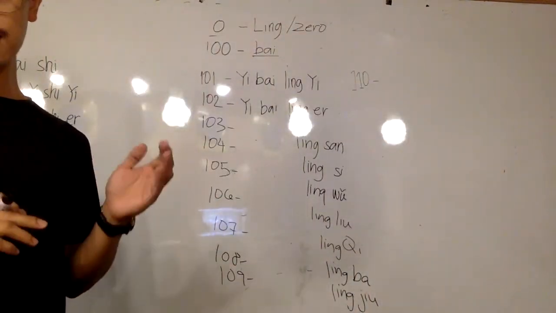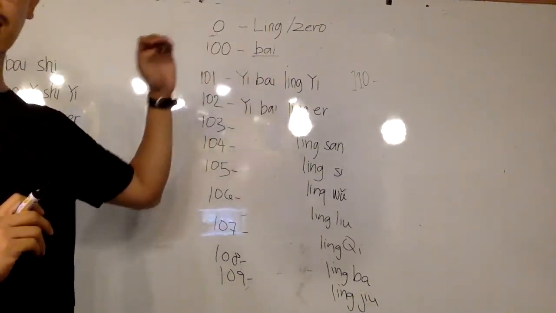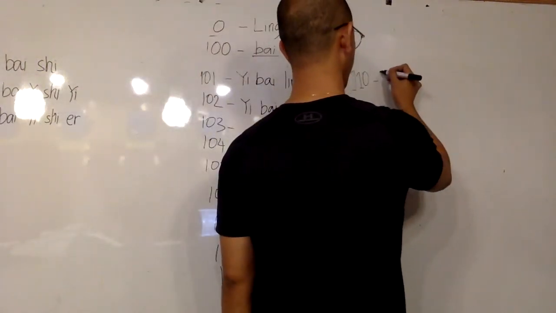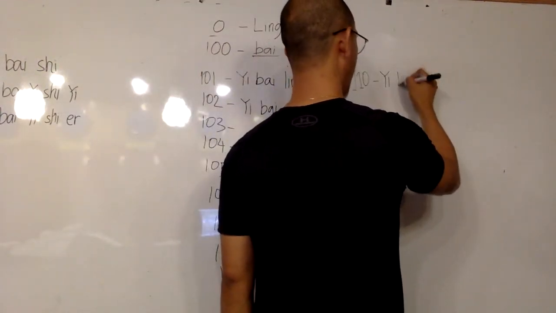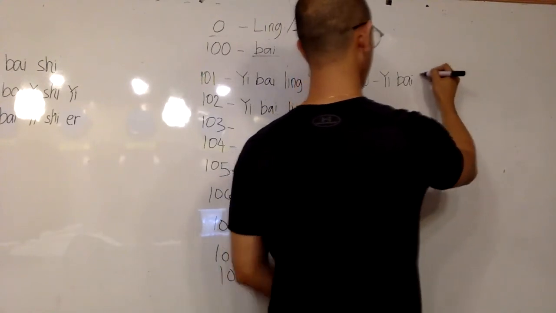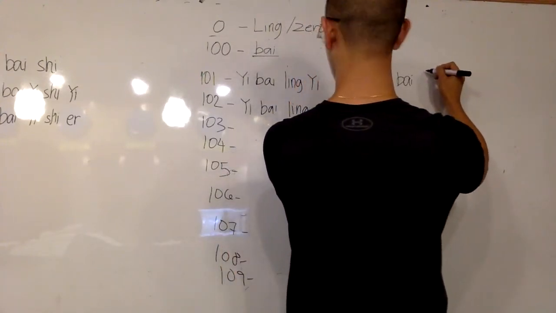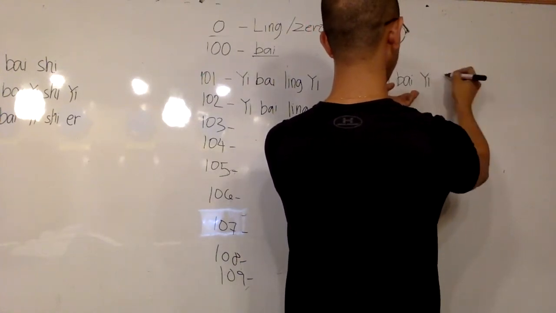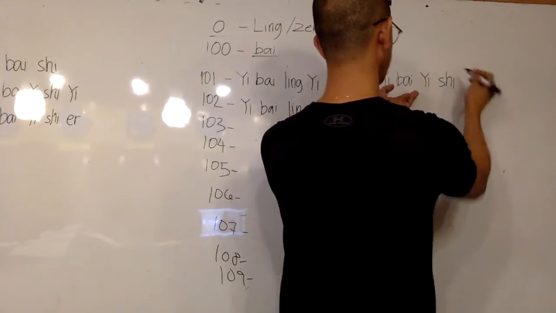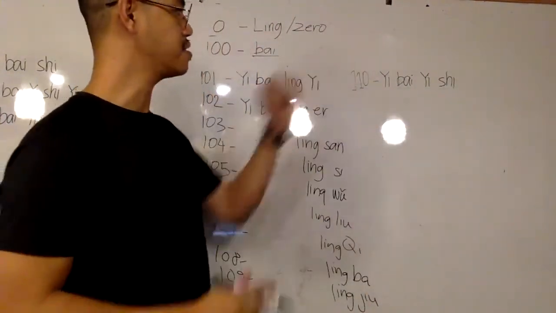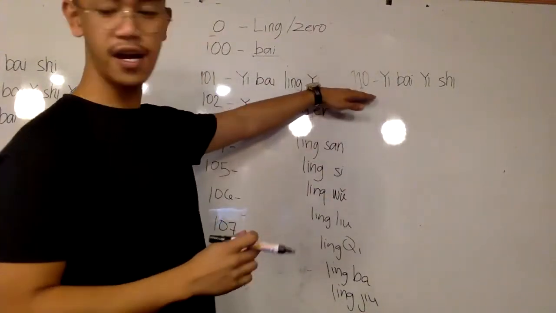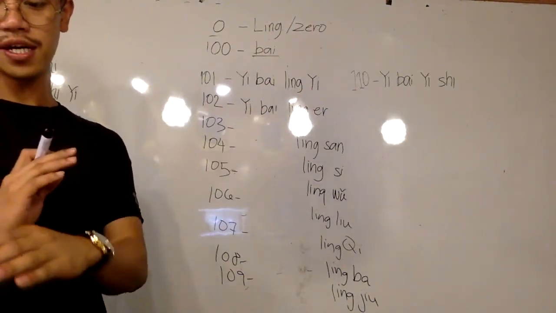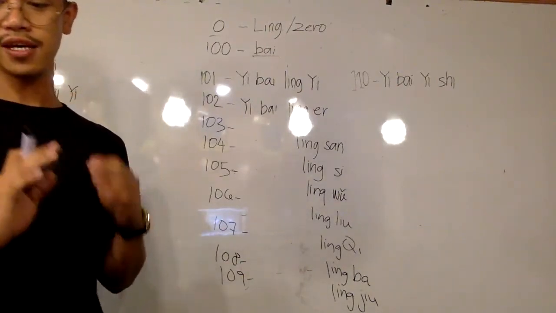We read it as yi bai yi shi. Why yi bai yi shi? Because the 10 is there, and the rule here is if you have another number or syllable after it, we have to keep the number 10.